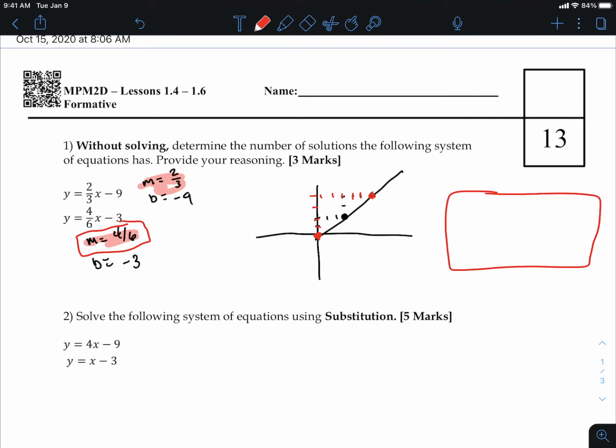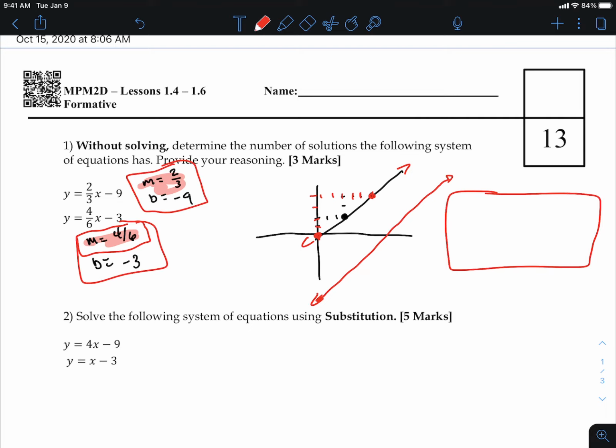One was at negative 3, and the other at negative 9. But the slopes match, so they're never actually going to cross one another. We can come to that conclusion by discussing both of these pieces.